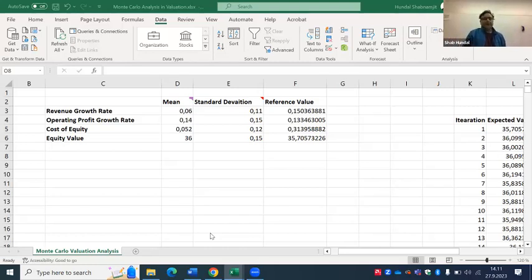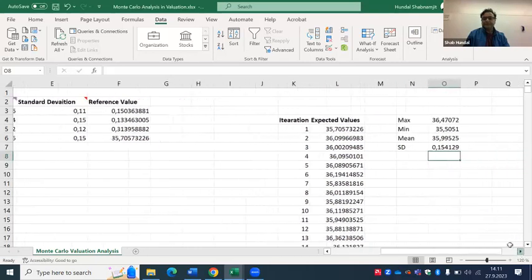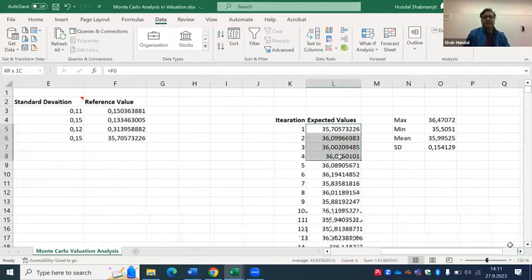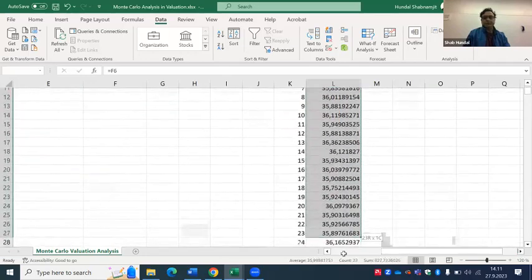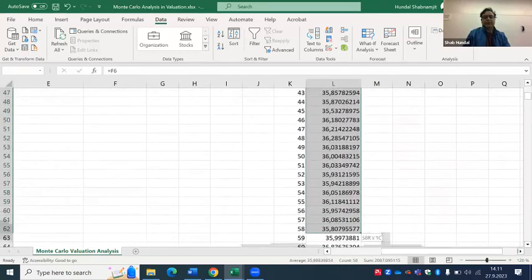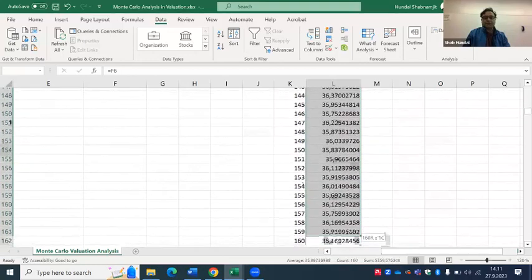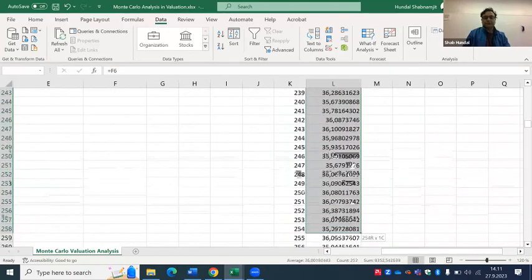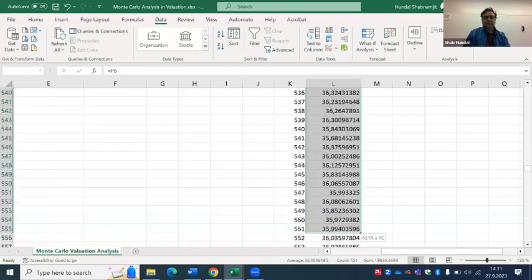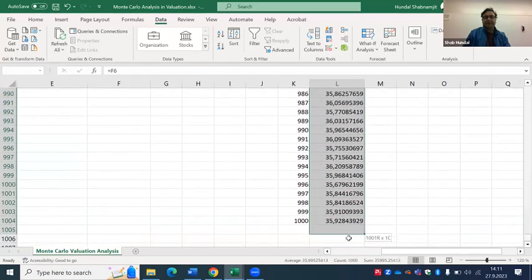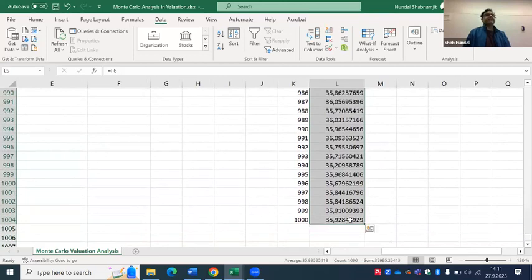Now what I do is simply select the data, only the data, not the text, but the 1,000 expected values. These prices look a bit awkward because the values have 5 or 6 decimal points.